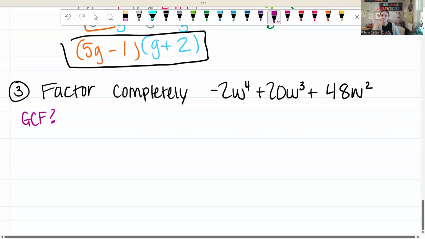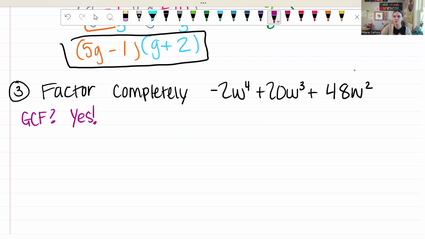When I look at all of these terms trying to see what factors they have in common, I do see they have at least a 2 in common, right? I could remove at least a 2 from all of these. So let's investigate what else I could remove from all of these terms.